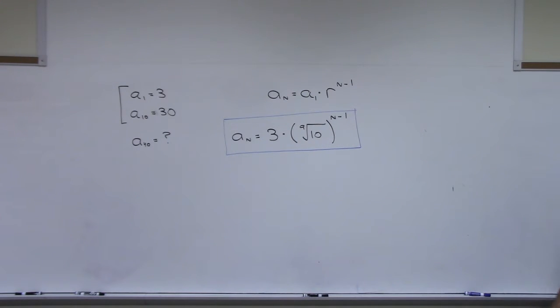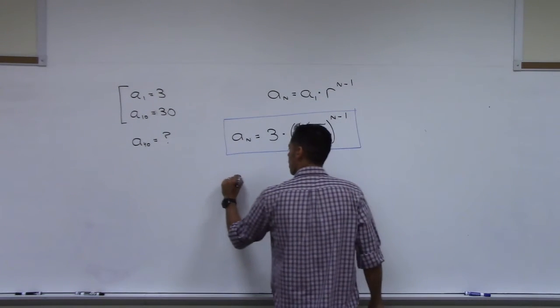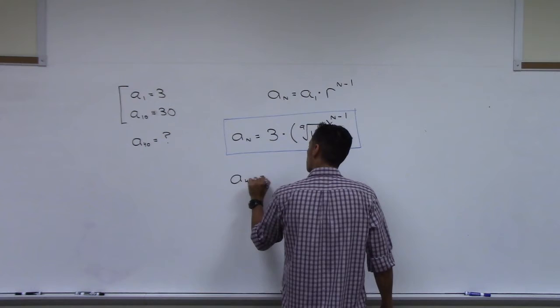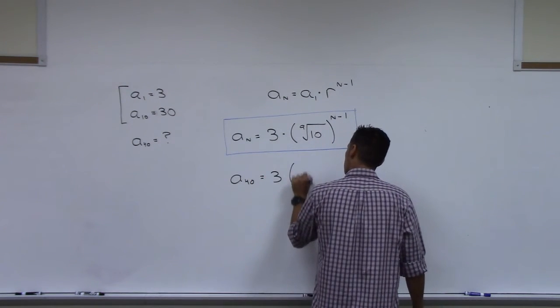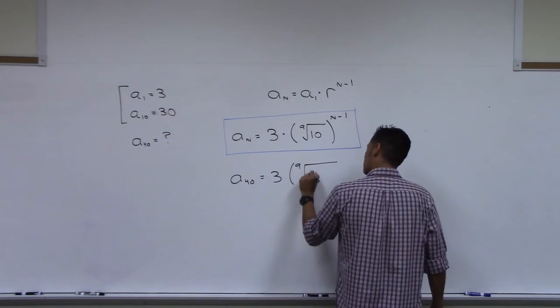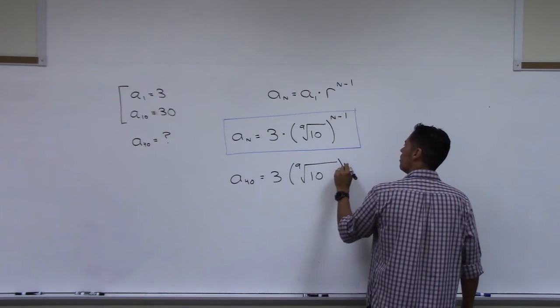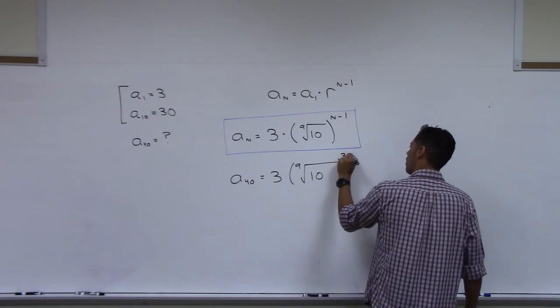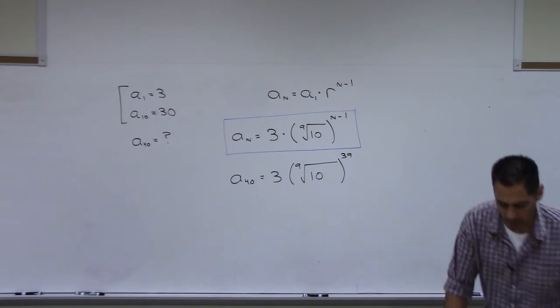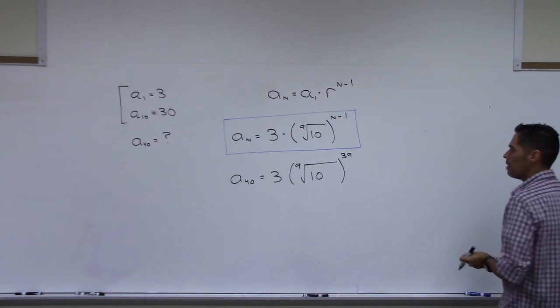And now I want the 40th one, right? So I'm just going to replace my n's with 40, and I'll be there. So A sub 40 equals 3 times the 9th root of 10 to the 39th power. Okay, so I need my calculator. All right, I give up.